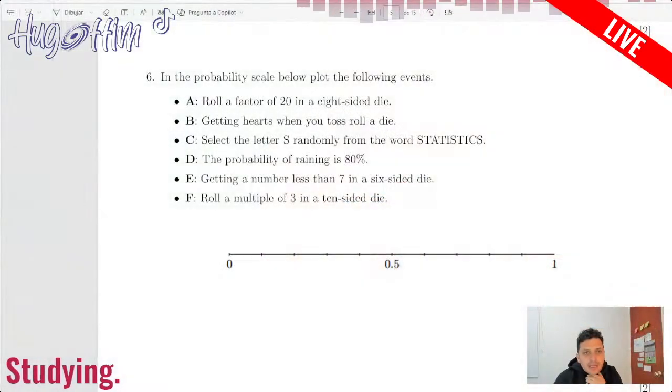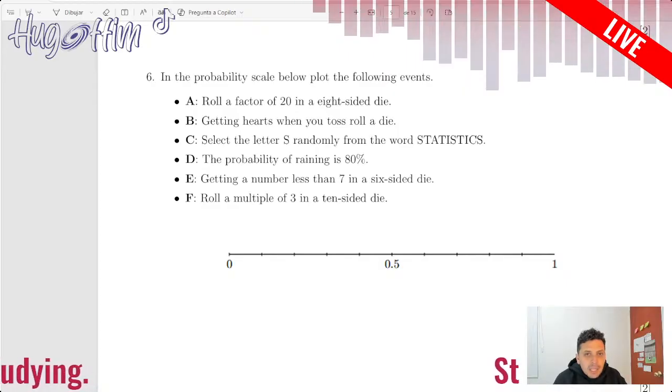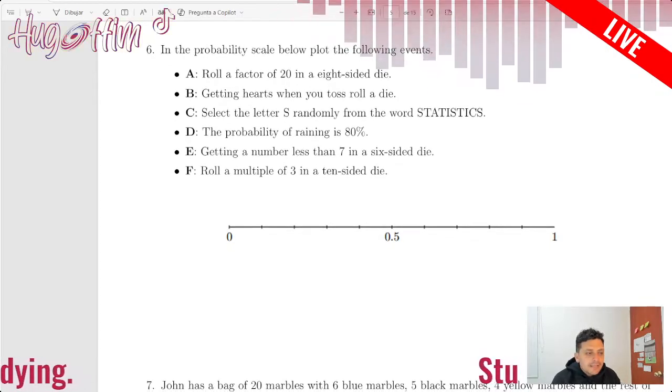So we're going to start with this question that is referring to probability, and it says: in the scale below, plot the following events.